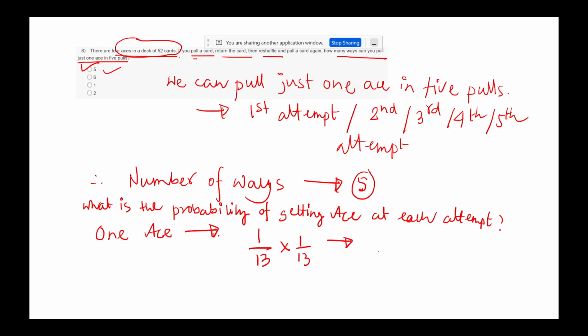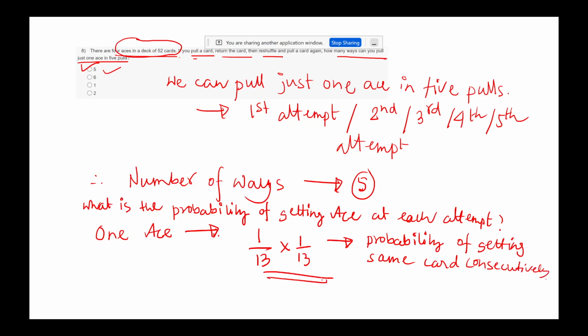It is the probability of getting the same card consecutively. That is your question. That is the answer. Okay.